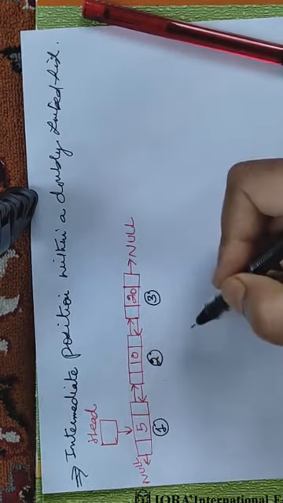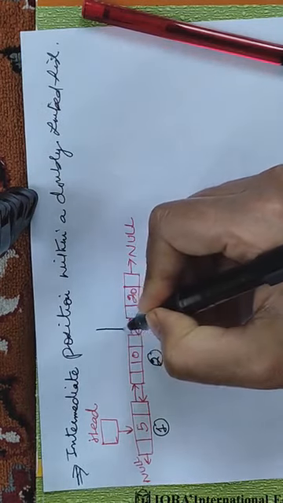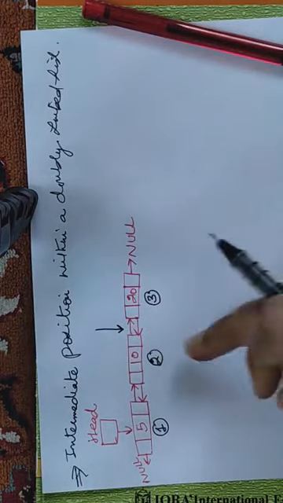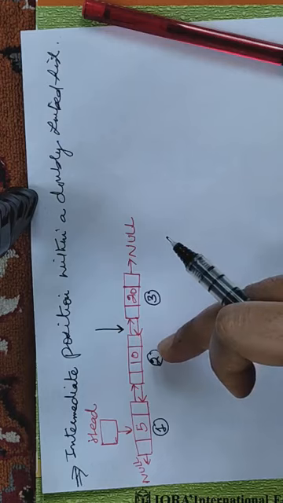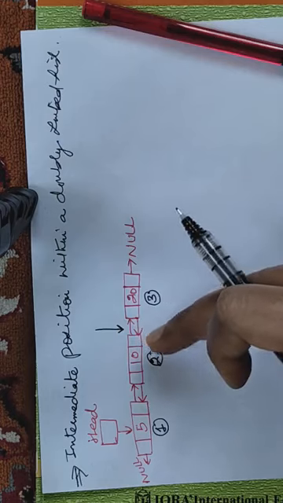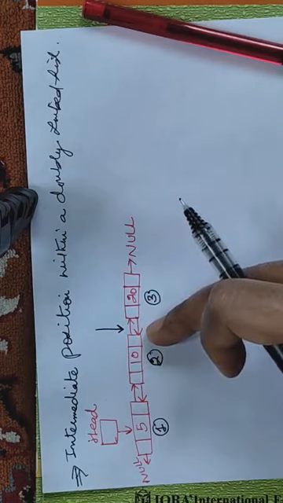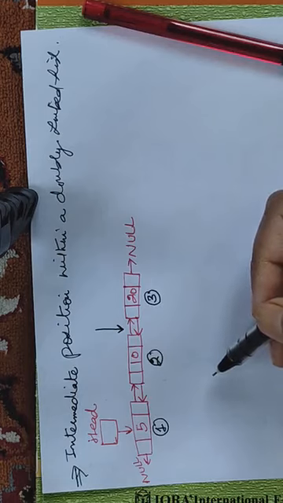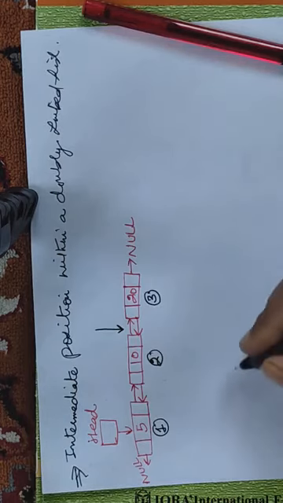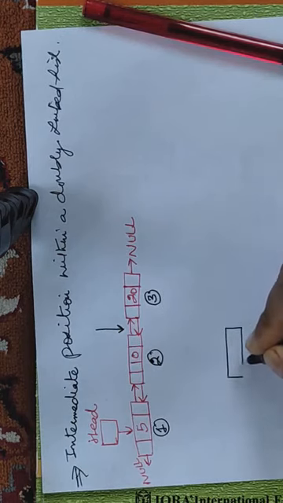If we are asked to insert a new node at this position, which means after the second node and before the third node, then for that matter we will need to create a new node first, and you know that we will be able to create that node using the malloc function.